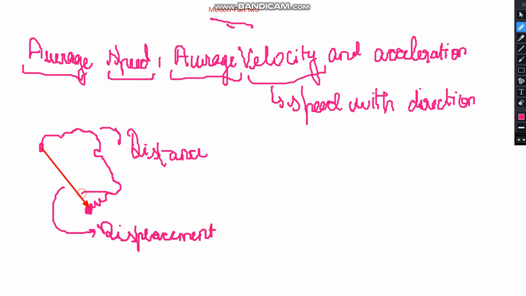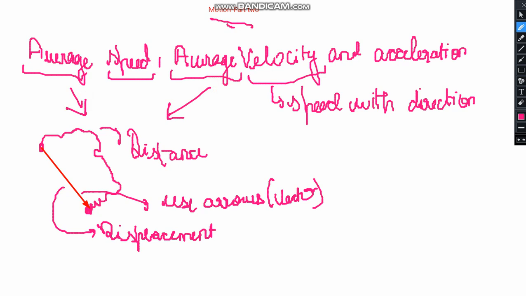We usually use arrows because it's a vector. Very important and easy concept. This is the base for average speed and average velocity, so please see my previous video where I explained clearly what distance and displacement are. With this we can go on with average speed, average velocity, and even acceleration, which we deal with in this video.